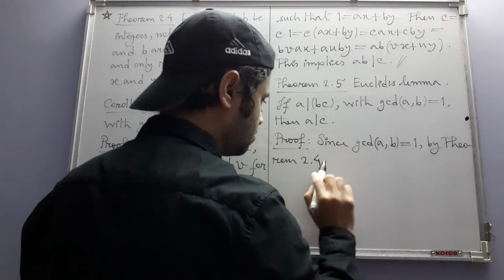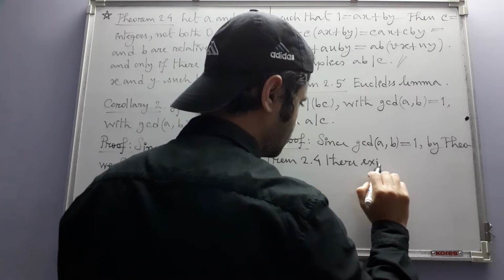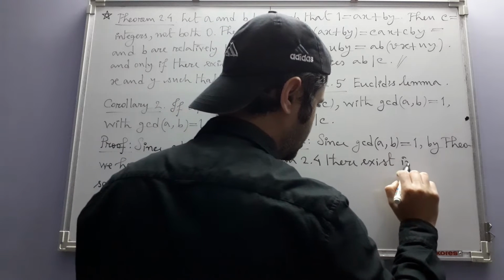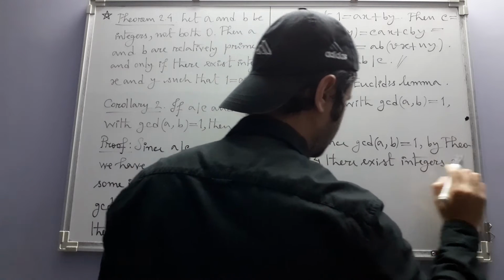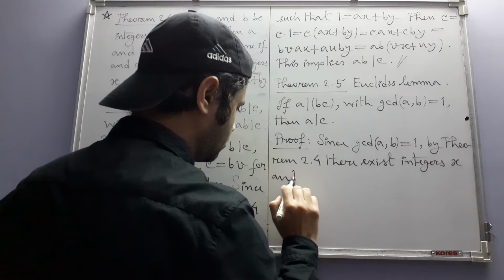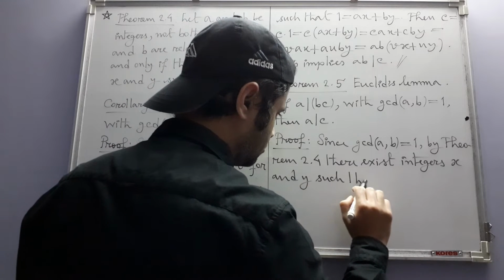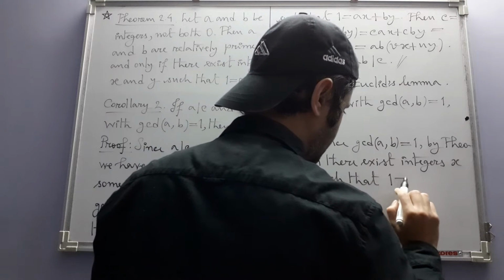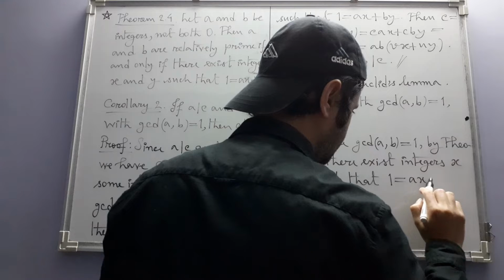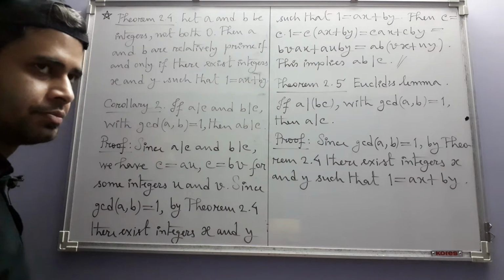By theorem 2.4, there exist integers x and y such that 1 is equal to ax plus by.